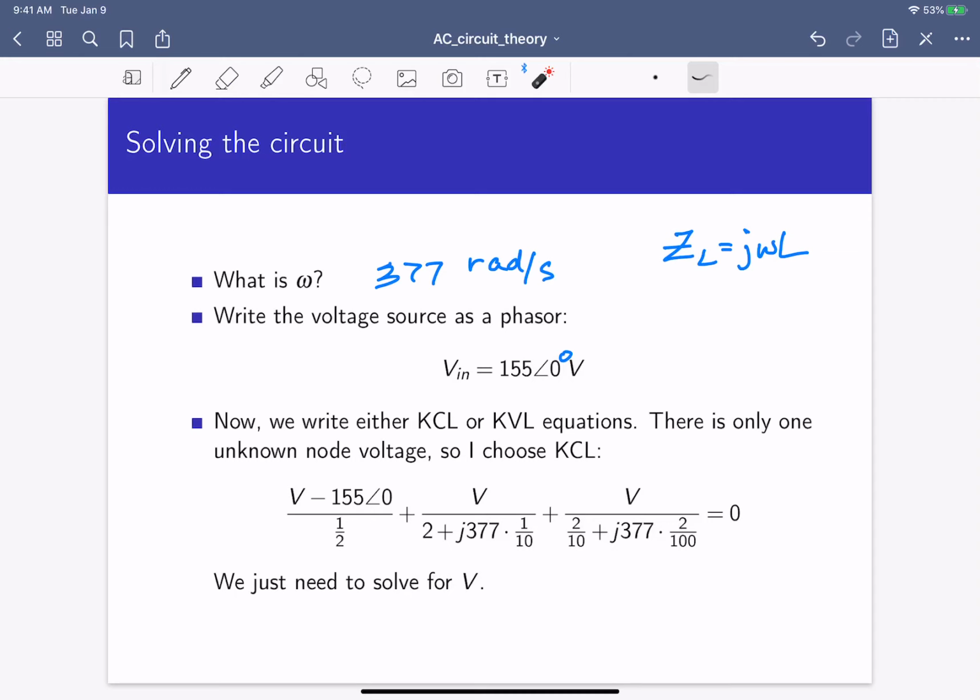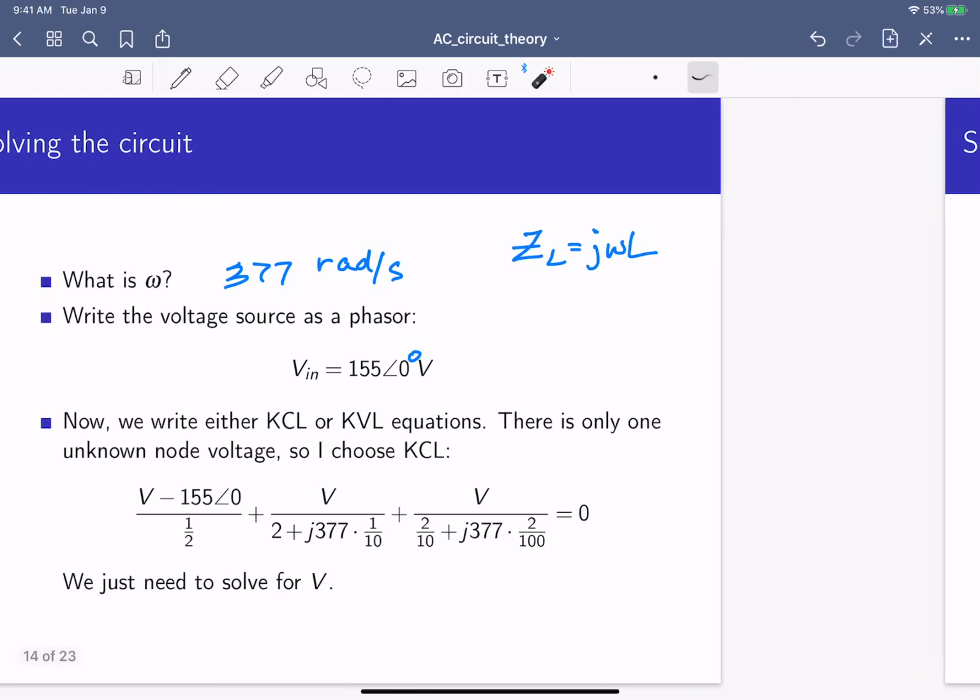The next branch will have V over 2/10 of an ohm plus j omega L, which is j omega 2 over 100. So the value of omega gets plugged directly in. Now, instead of writing everything in terms of s, we have an equation that has just numbers. They're complex numbers, but they are simply numbers. All you have to do is put them in your calculator and solve.